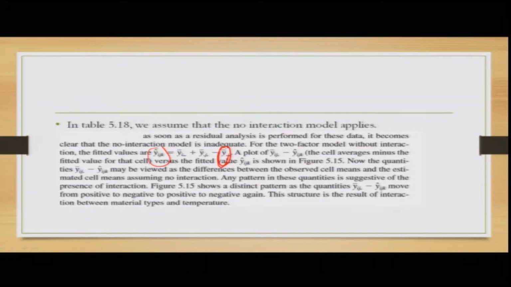This structure is the result of interaction between the material and the temperature, or factors A and B. Even though they are present, we may try to ignore that, but the results would not point to that fact.